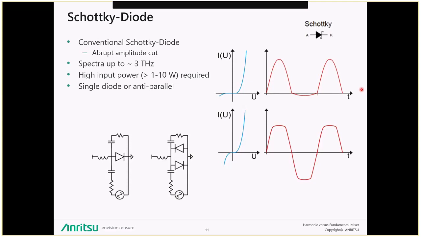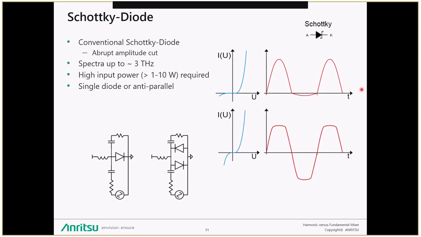In this case, we can have a spectrum up to 3 terahertz. But on the other hand, these Schottky diodes will usually require a very high input power of, let's say, between 1 and 10 watts.